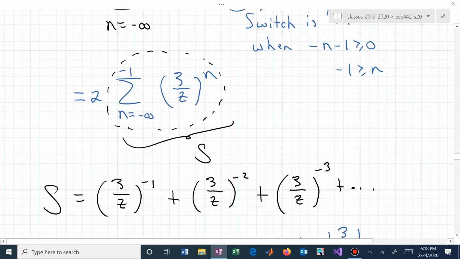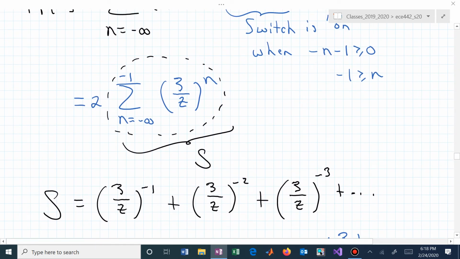And I want to find S, and then I can scale it by 2, and that will give me capital F sub 1 of z. S now, going backwards on the sum, is 3 over z to the minus 1 plus 3 over z to the minus 2. And we just keep marching all the way to the left in terms of our indices to minus infinity.